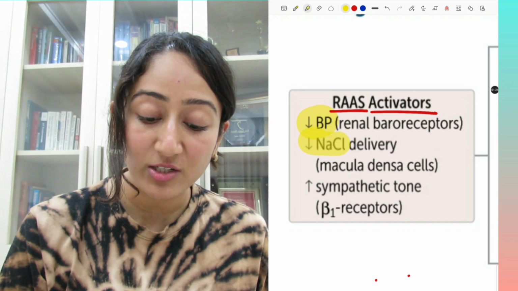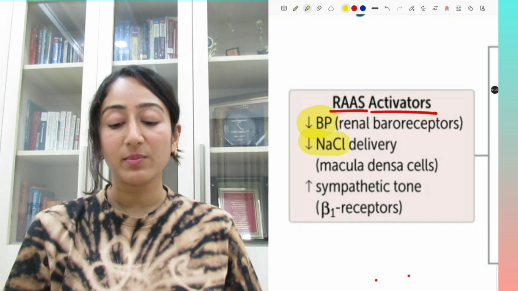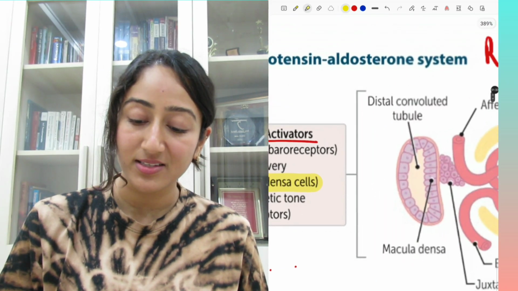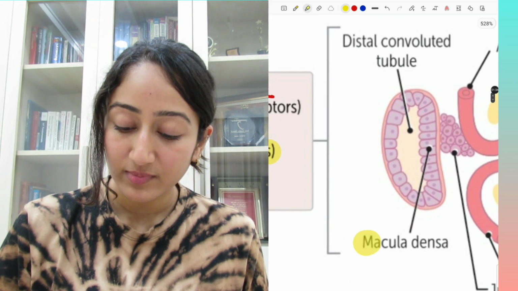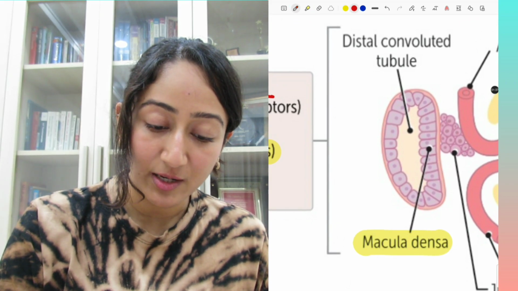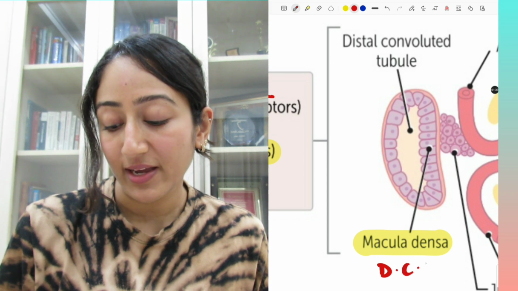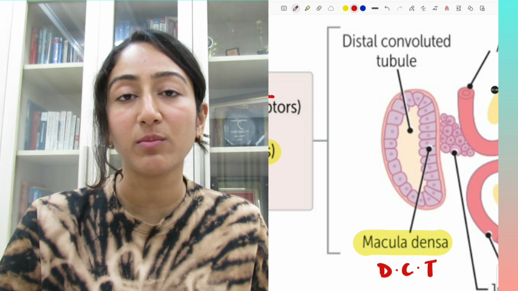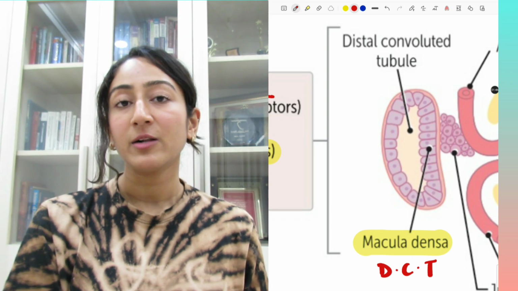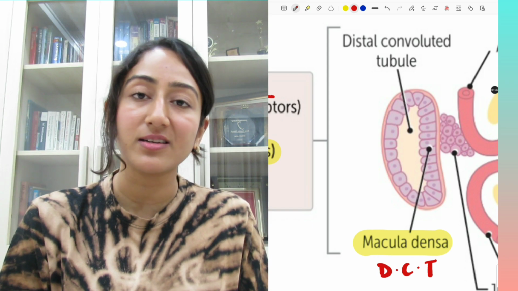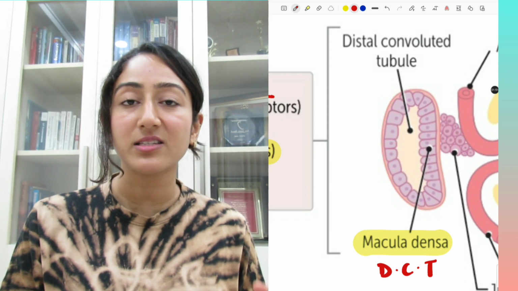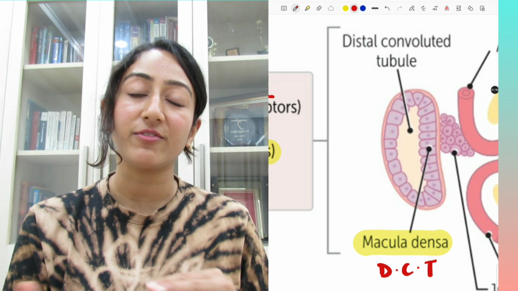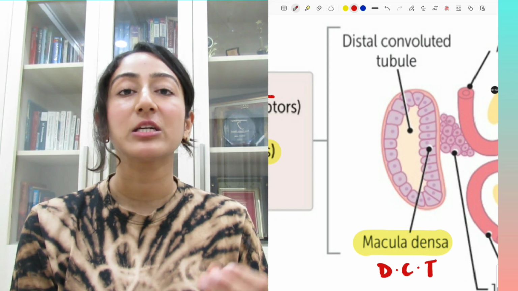Then we have decreased sodium chloride delivery, which will be sensed by the macula densa cells. The macula densa cells are present in your DCT, and their function is to recognize decreased sodium chloride delivery to the DCT. Decreased sodium chloride delivery to the DCT means that there has been decreased renal plasma flow, decreased renal blood flow, because if there is decreased blood flow, there is going to be decreased sodium chloride.